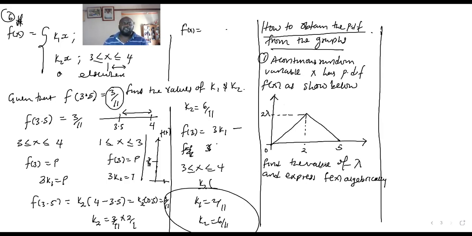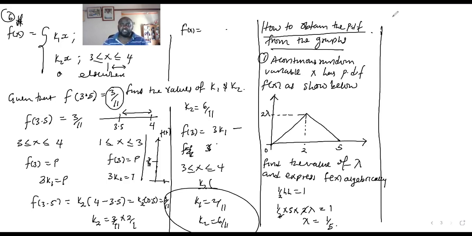Now, for the value of lambda, of course, we can use area and a graph. We know that a half base times height is supposed to be equal to 1, which is a half times 5 times 2 lambda is equal to 1. I lose the 2. This will confirm lambda to be 1 out of 5. Now, these are all straight lines.